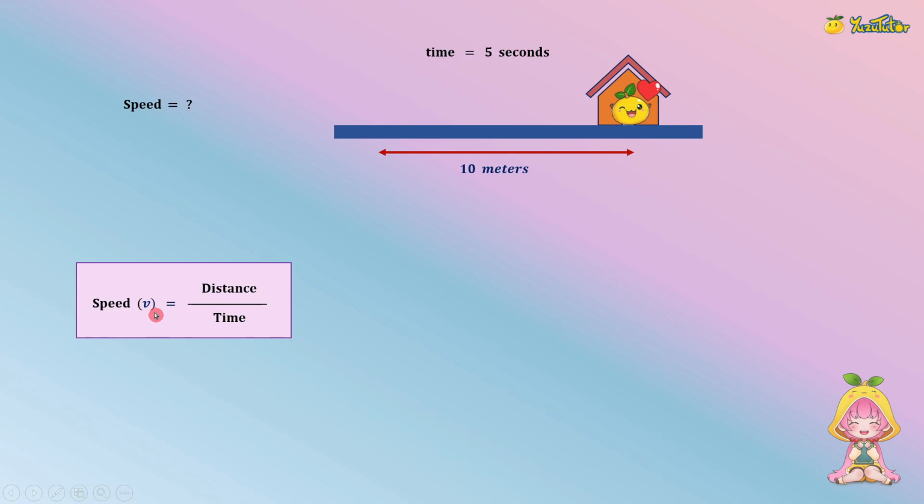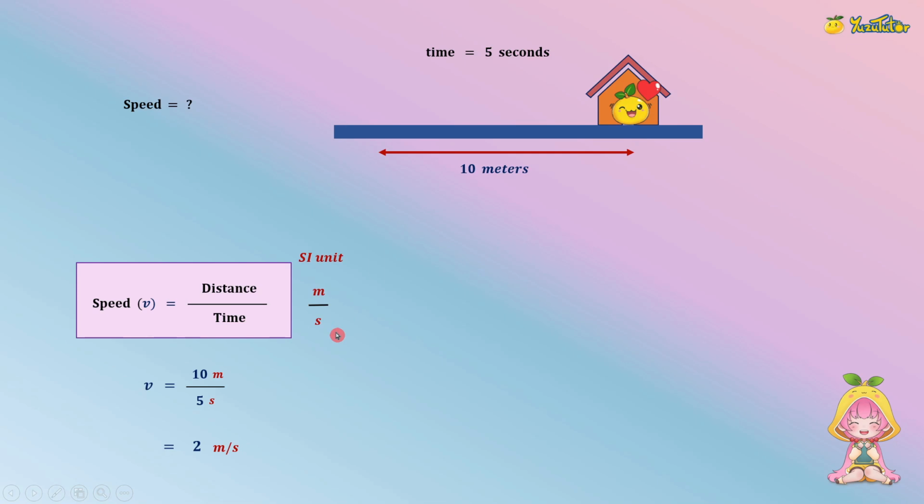So V equals distance, 10 meters, divided by time, which is 5 seconds. 10 divided by 5 equals 2, and the unit of this one is meter per second. So the SI unit of speed is meter per second.